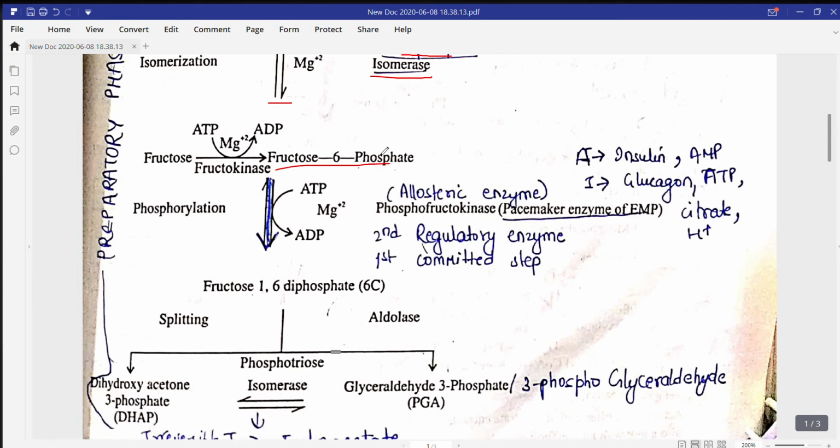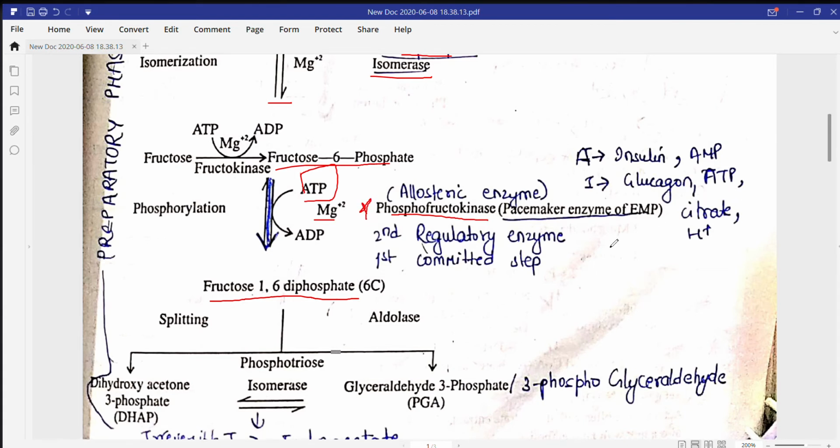Here, fructose 6-phosphate will convert into fructose 1,6-diphosphate, also called fructose 1,6-bisphosphate. In this step, 1 ATP is again utilized, with the help of the magnesium ion and phosphofructokinase, a very important enzyme.